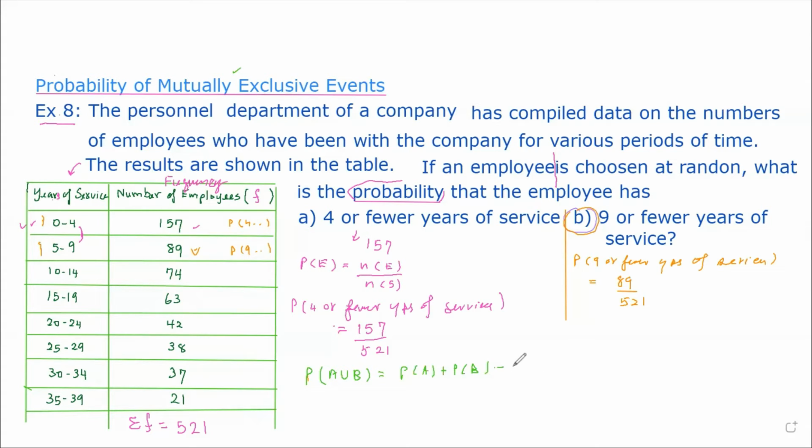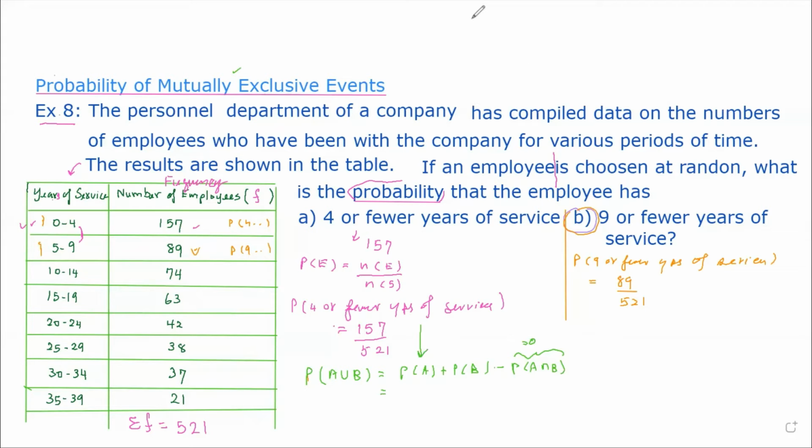You remember the formula? This one is going to be P of A intersect B, but this one has no common outcomes, so this one is equal to 0. So after this, you just repeat. This P of A means the pink one here.